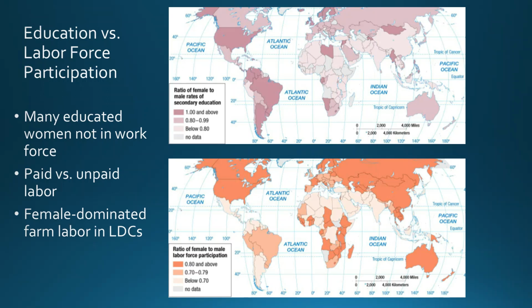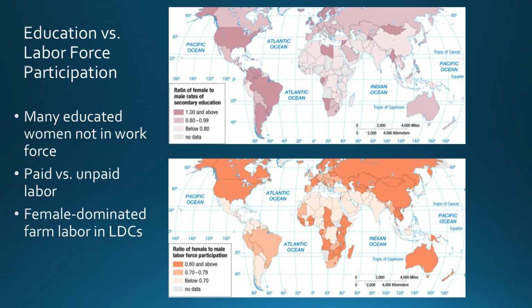You also have female-dominated farm labor in less developed countries. So, if you have a country that is less developed, maybe you have men who are leaving the farm to go work in a city, but then you're going to have females who are going to be working on that farm. Lots of countries have mandated maternity leave.